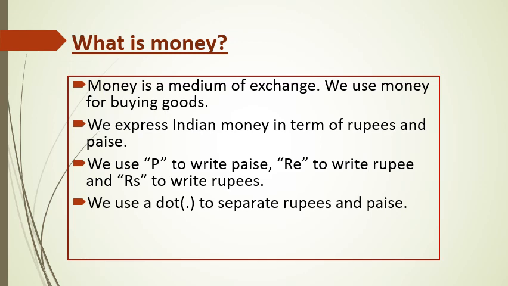We use P to write paise, RE to write rupee and RS to write rupees. We use a dot to separate rupees and paise. Alright?